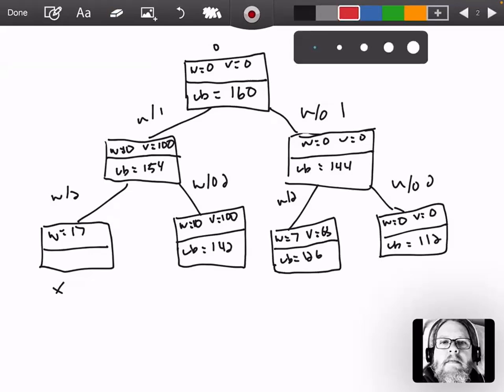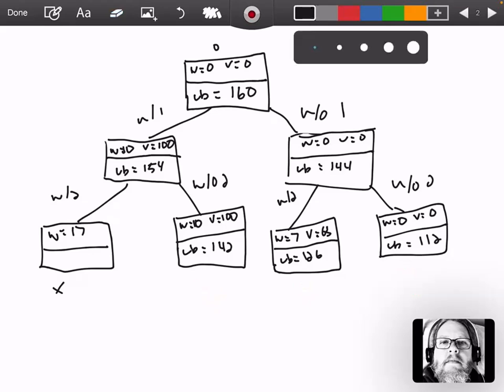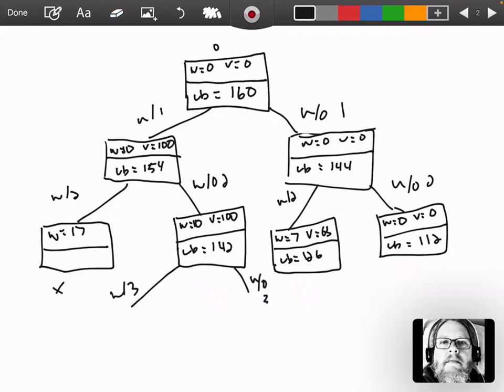Okay, so now we're comparing this versus this versus this to see where we need to expand. In this case, it's this one over here that is the biggest. So now we're going to expand this one with 3 and without 3. The with 3 over here gives us a weight of 18, and that's not feasible.